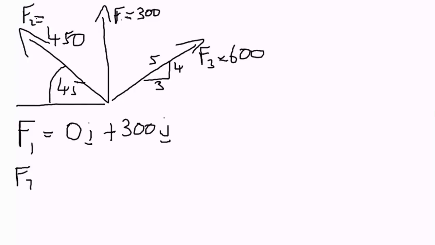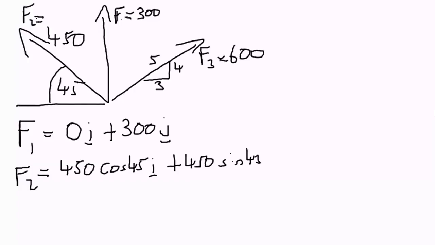Force 2 is in both the I and the J direction. So using trigonometry, it's 450 cos 45 I plus 450 sin 45 J. And because it's pointing in the negative x direction, we put a minus on the I part of the vector.